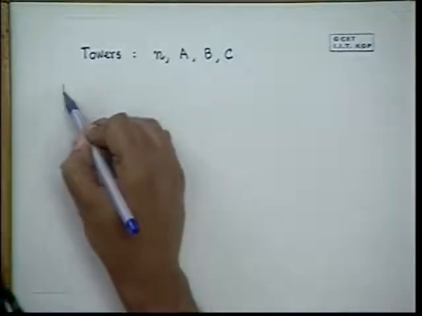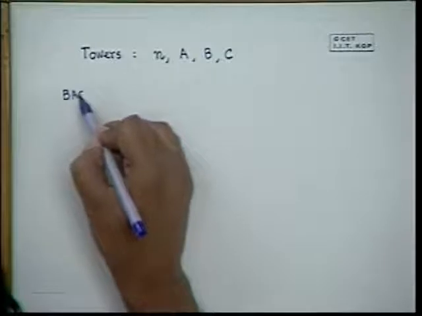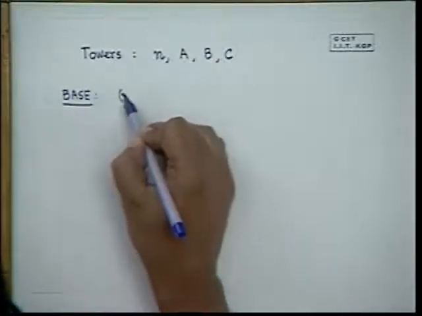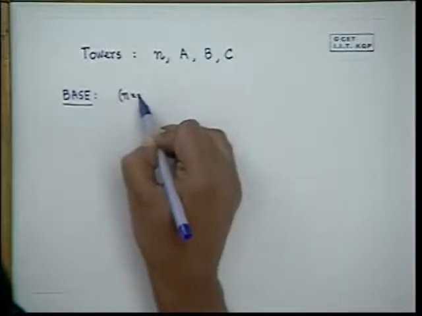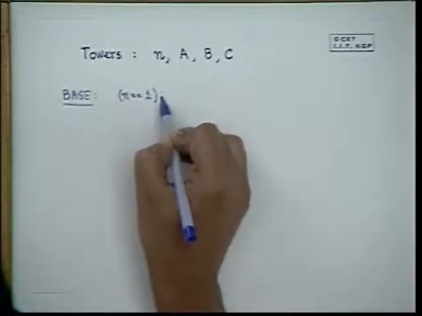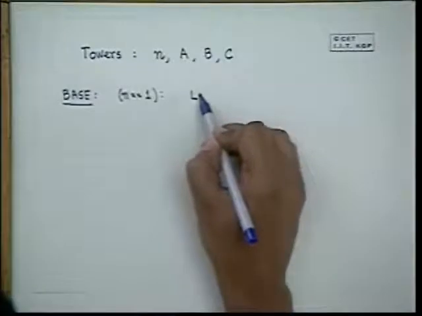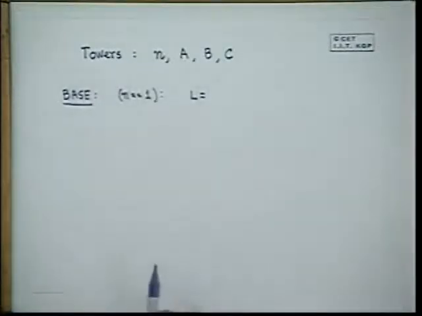What is the base condition? N is equal to 1. When n is equal to 1, what is the solution? Now what does the solution consist of?